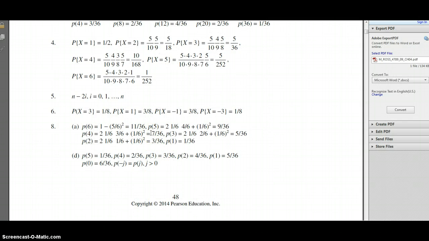Okay, number 5, we have the difference between the number of heads and the number of tails when a coin is tossed n times. Key thing here is every time we toss the coin, the difference is going to change by 2 in one direction, because either we're going to have 1 more heads and 1 less tails, or 1 more tails and 1 less heads.